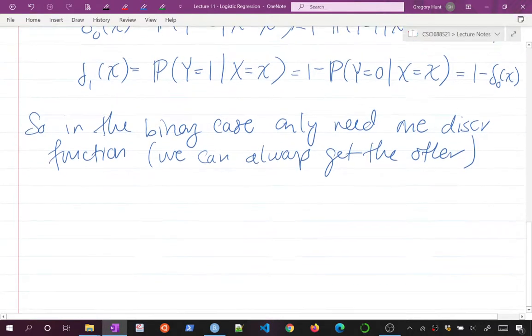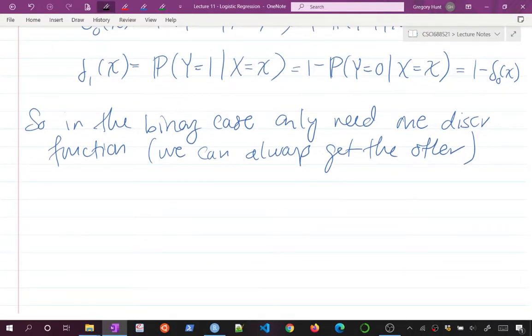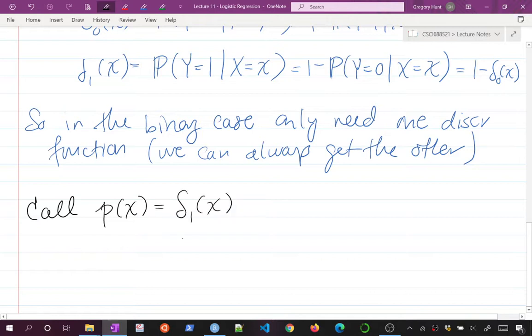Another way of thinking about this is that, for example, and we'll make some kind of arbitrary choice, let's call p of x the class 1 discriminant function, which is the probability that I'm in class 1 given my data. So that's the probability y is equal to 1 given x. So p of x is the probability that I'm in class 1.